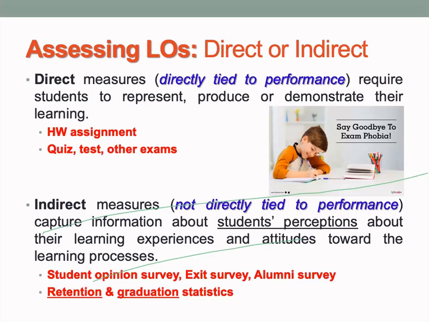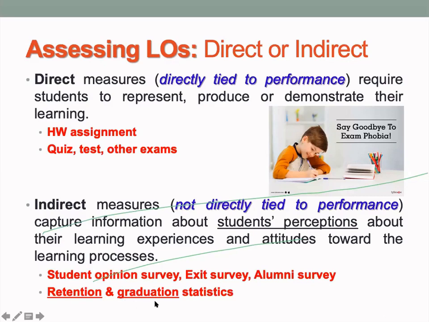So we can get it from surveys, for example a course evaluation survey, exit survey, alumni survey, and retention and graduation statistics. Retention means that if the passing rate of our course is low, for example, that indirectly shows us that the achievement of our LO is not good.